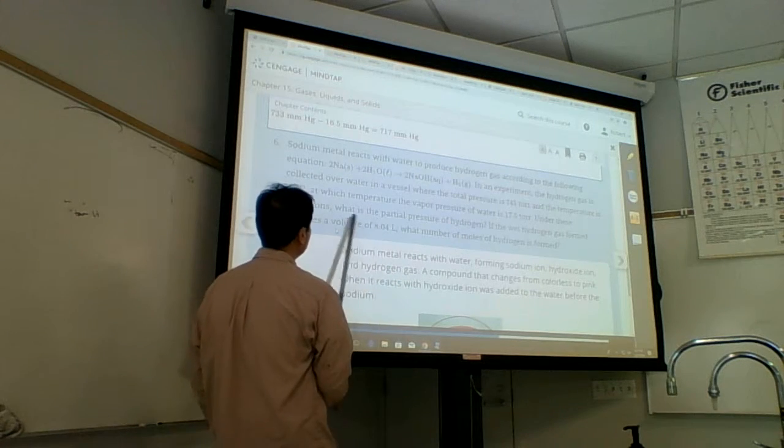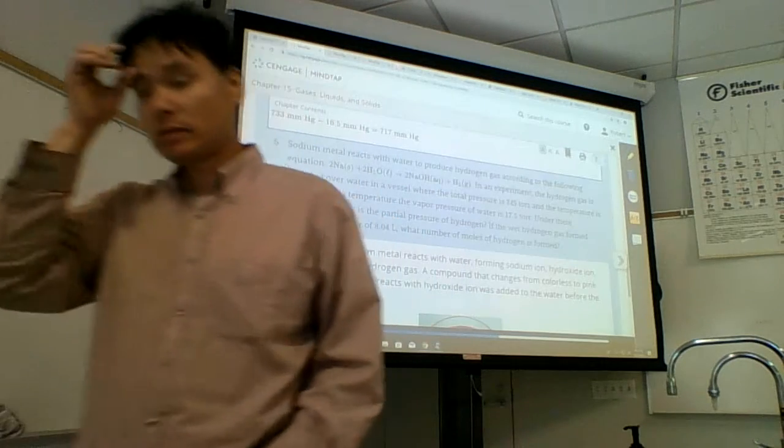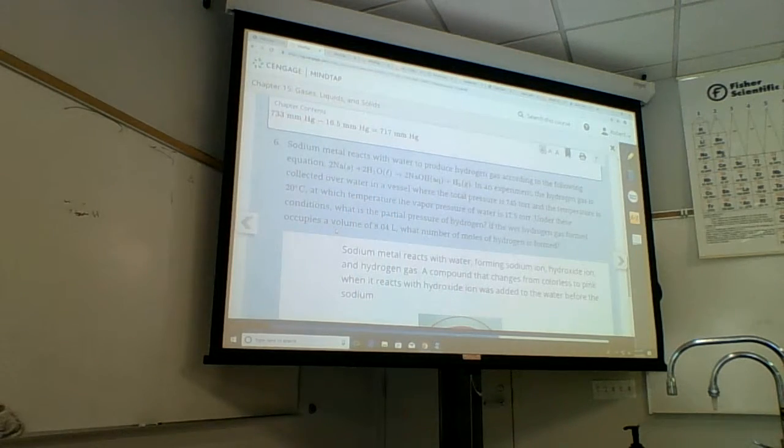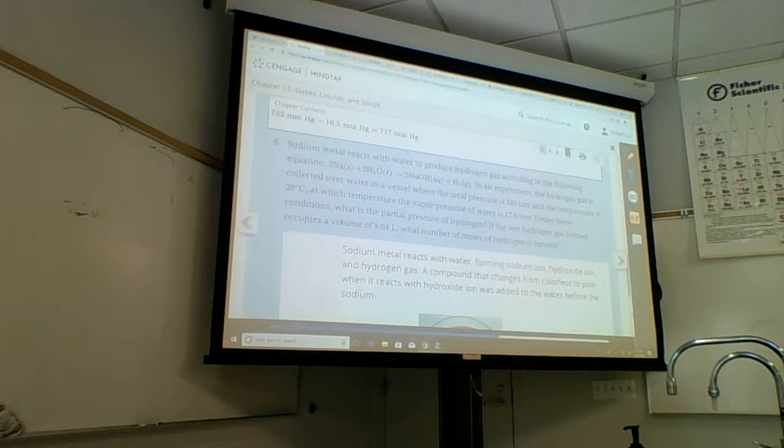17.5 torr. Under these conditions, what is the partial pressure of hydrogen? Okay, so let's go ahead and try to visualize this mixture here. This mixture is going to be some volume, 8.04 liters.